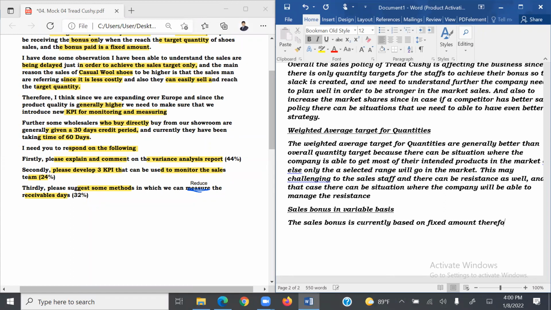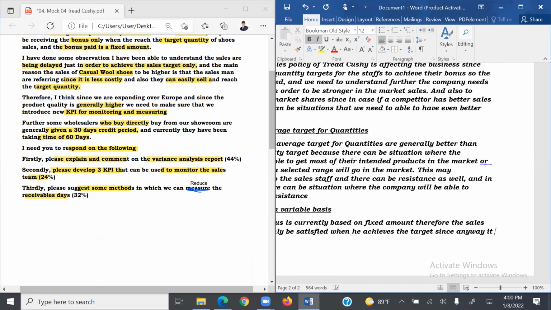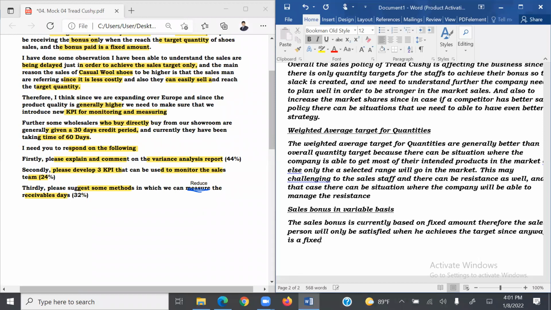Therefore, the salesperson will only be satisfied when he achieves the target. Since anyway, it's a fixed amount.